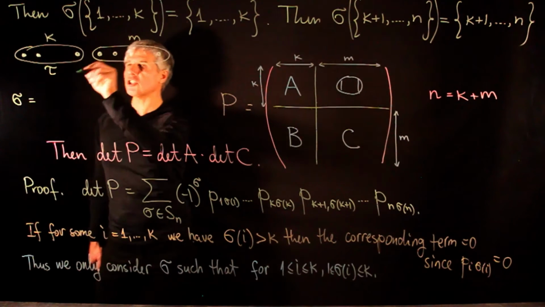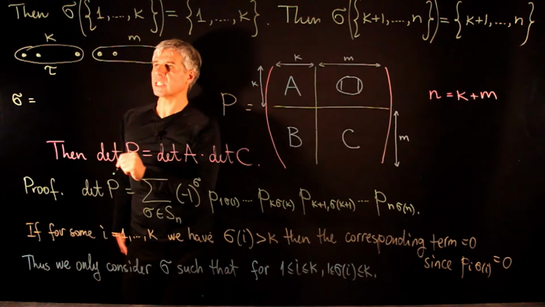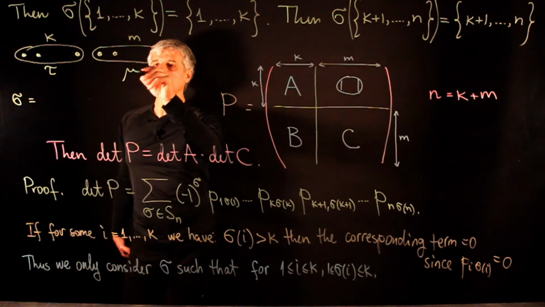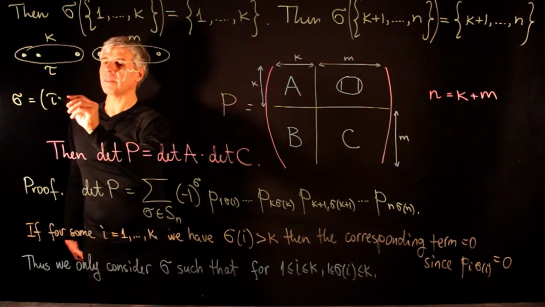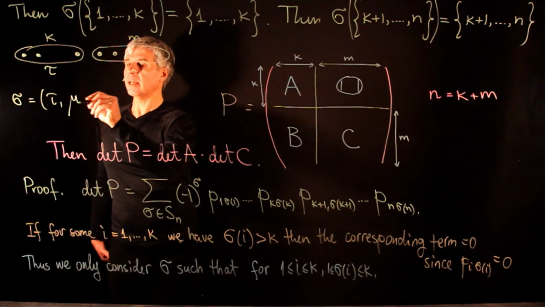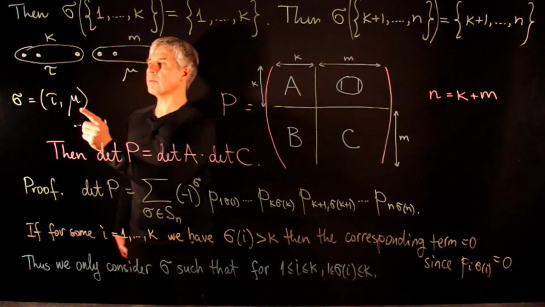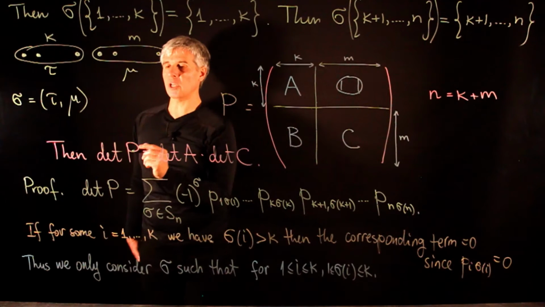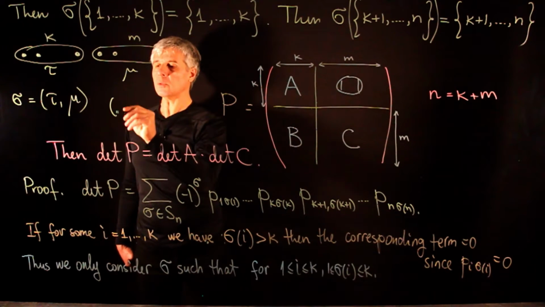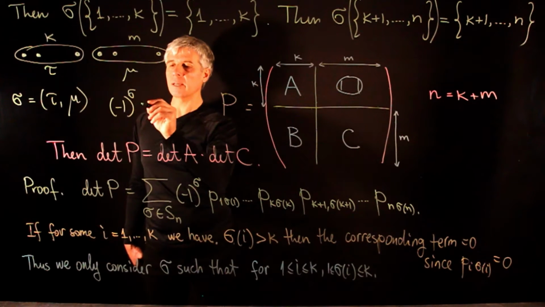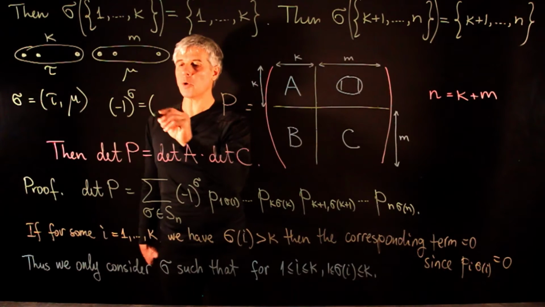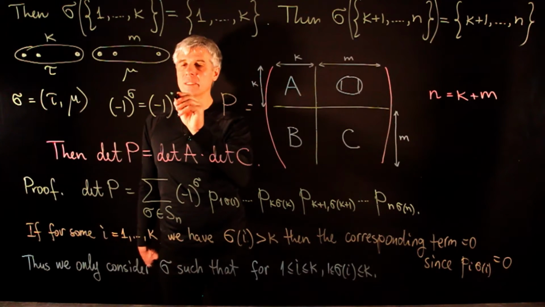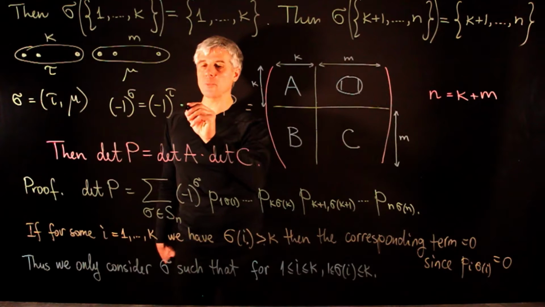We have a permutation tau of the first k indices and a permutation mu of the last m indices. And now we can think of sigma as a pair of these permutations. It's easy to see that the parity of sigma is then equal to the product of parities of these two smaller permutations.